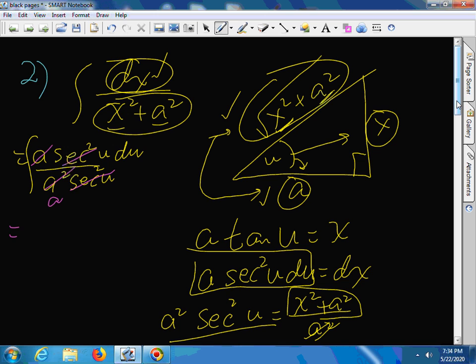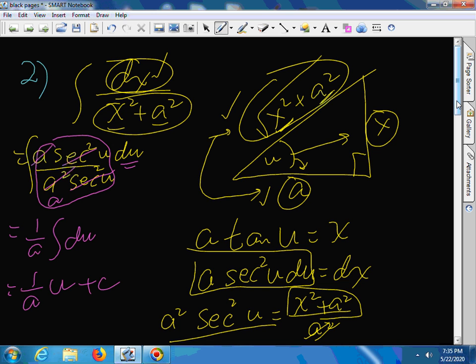So what we have is 1 over a. With the exception of that a, the only thing that remains is du. So once again, I get 1 over a times u, or u over a, plus c.